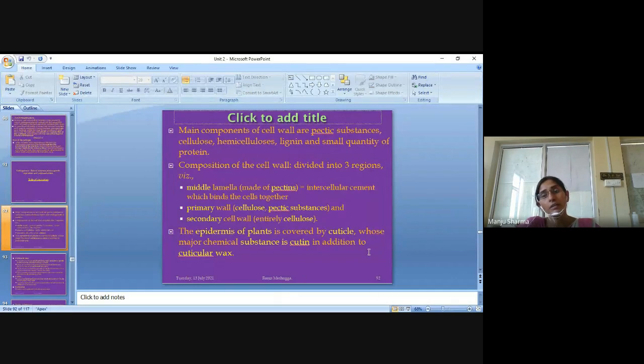That's why here we are going to talk about the role of enzymes and toxins, and how the pathogen dissolves or lyses the cell wall.